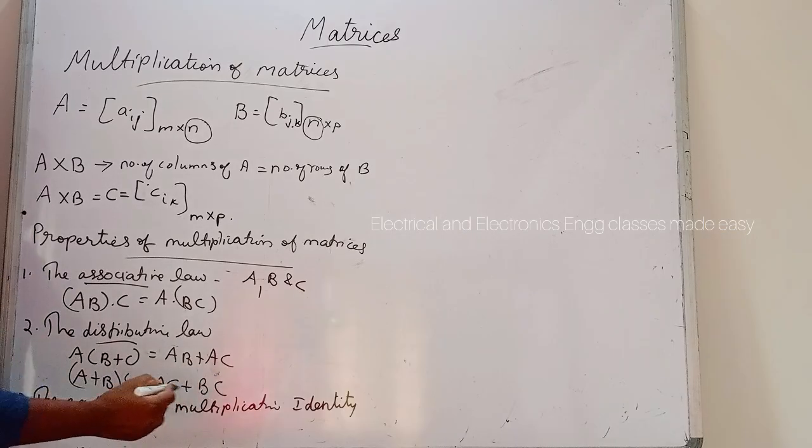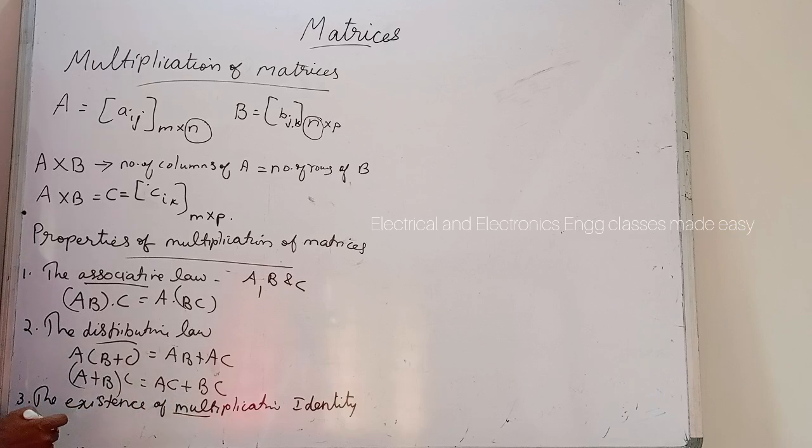Next is the existence of multiplicative identity.